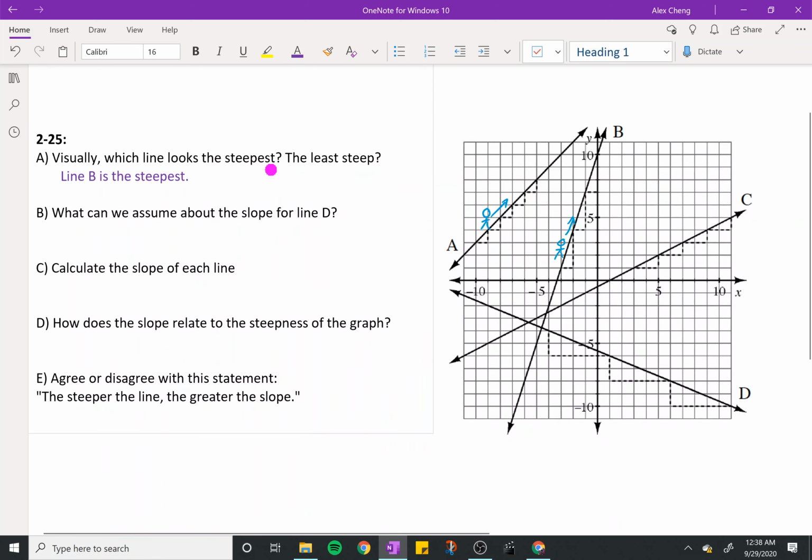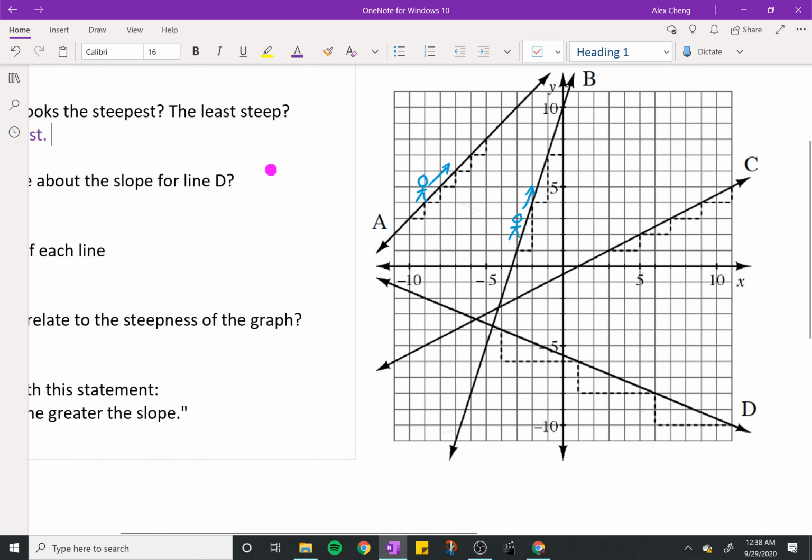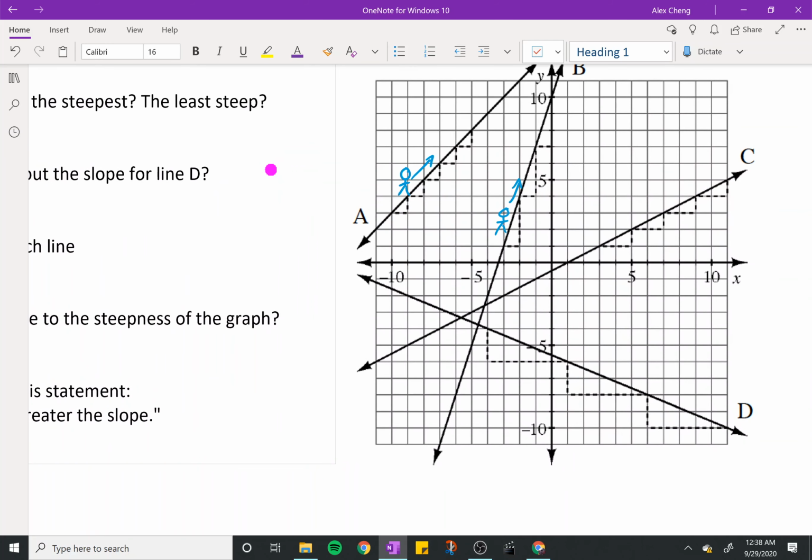Let's see, I think the least steep, it'd be hard to tell exactly if it's C or D, and I'm not really looking at the numbers here. Now with D, if I'm going up, by the way, I would be going to the left. It's kind of hard to tell because they look roughly the same steepness, just one's going downhill and one's going uphill if we go left to right.